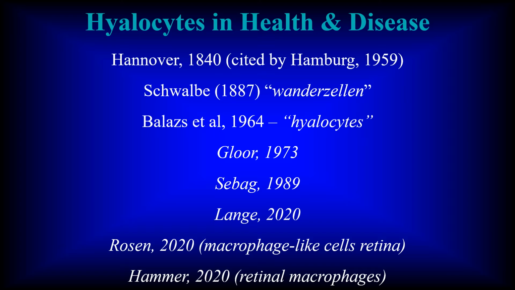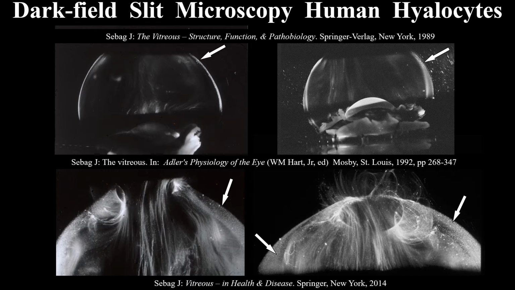Since then, many investigators have employed this term, although recently non-invasive investigations in live humans have resulted in the use of terms such as macrophage-like cells of the retina. But hopefully, this symposium and the work of its participants will reorient these investigators to use the term hyalocytes, which is more correct.